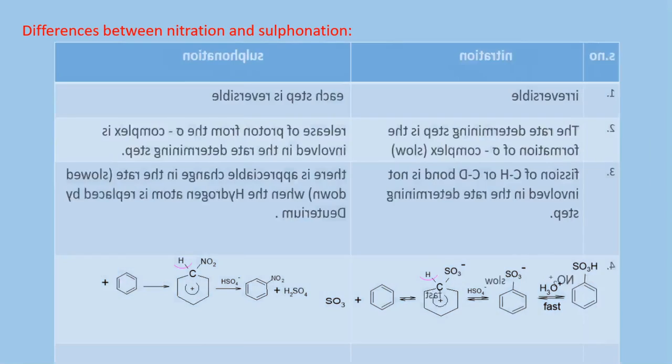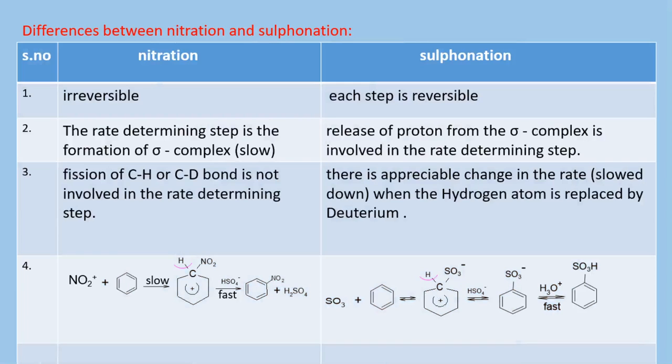So let us consider the differences between nitration and sulfonation. First, the reaction: NO2 plus attacks the benzene ring, slow reaction, and the sigma complex I have mentioned here, and here the hydrogen is removed as H plus. So NO2 benzene is formed, the HSO4 minus takes up this H plus and gets converted to sulfuric acid. This step is found to be a fast step.